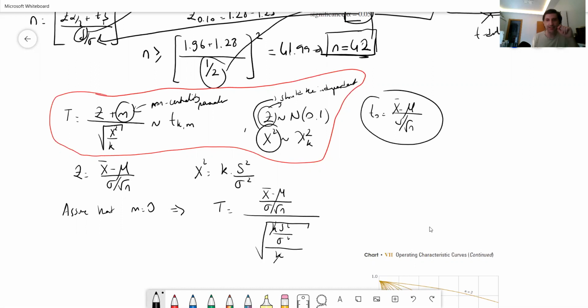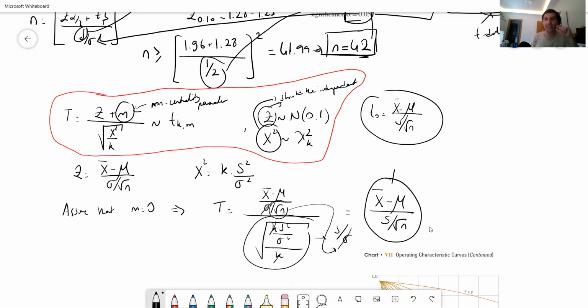These will cancel, and this part is going to be s, the sample standard deviation. Now these will cancel, and this will be here. Therefore, what we have is equal to (x bar minus mu) divided by s over square root of n, which is exactly how we have previously defined the t distribution.